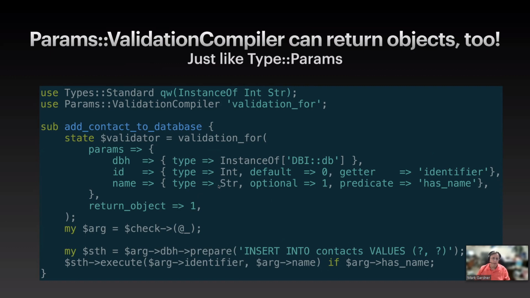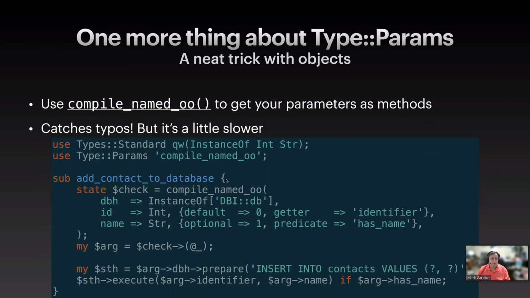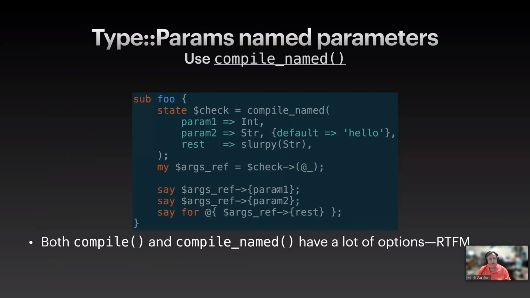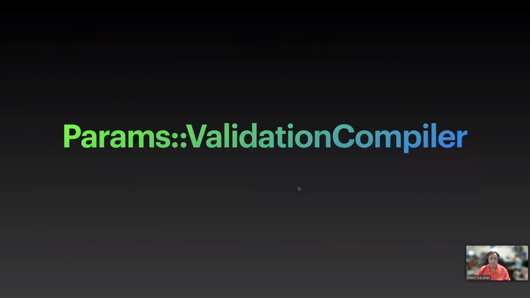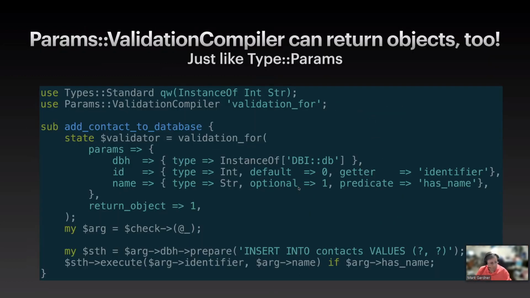Whereas type params, if I go back a couple steps, takes options, well, actually, I don't have options on here. I think it takes them as a leading hash ref. But other than that, yeah, it looks pretty much the same. With a little bit of adjustment of your code, you could port from one to the other pretty easily.